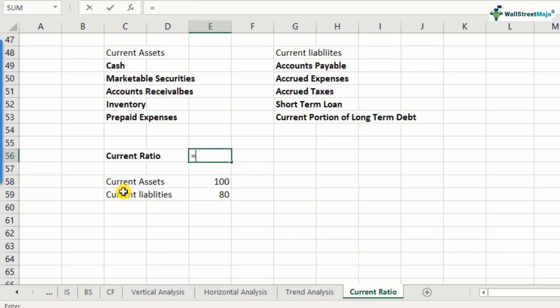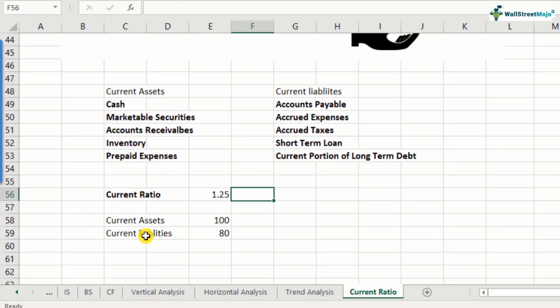As we can see in the formula, it would be current assets divided by current liabilities, and it comes out to be 1.25. Whether this is a good position or not, if you consider only this ratio, it seems like yes, current assets are enough to pay for its current liabilities, and hence this is a good position to be in, right?